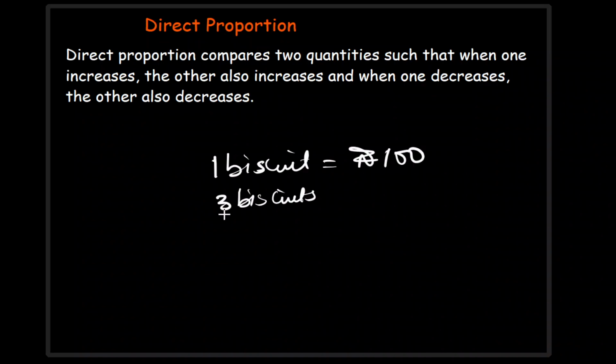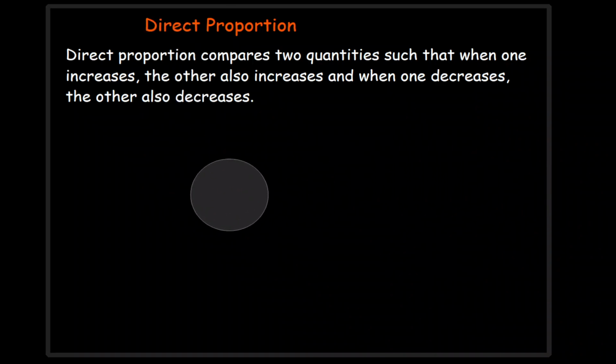So what will happen to the money? Based on this simple logic, if the number of biscuits is increased, then the money will also increase to 300 naira. So that's what we'll be looking at today, direct proportion, in this class.